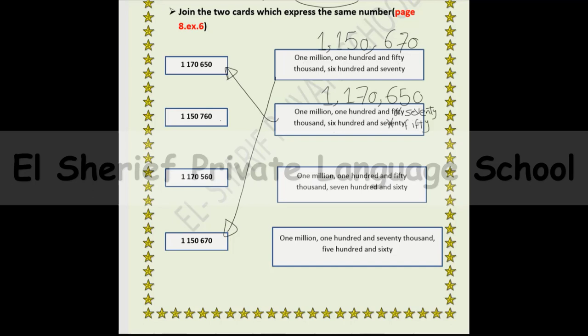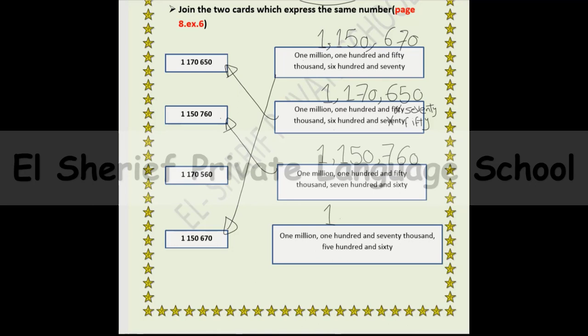The third card, 1 million, write 1 million, 150,000, 760, and search for this number and join. And the last one, 1,170,000, 560, and join this number.